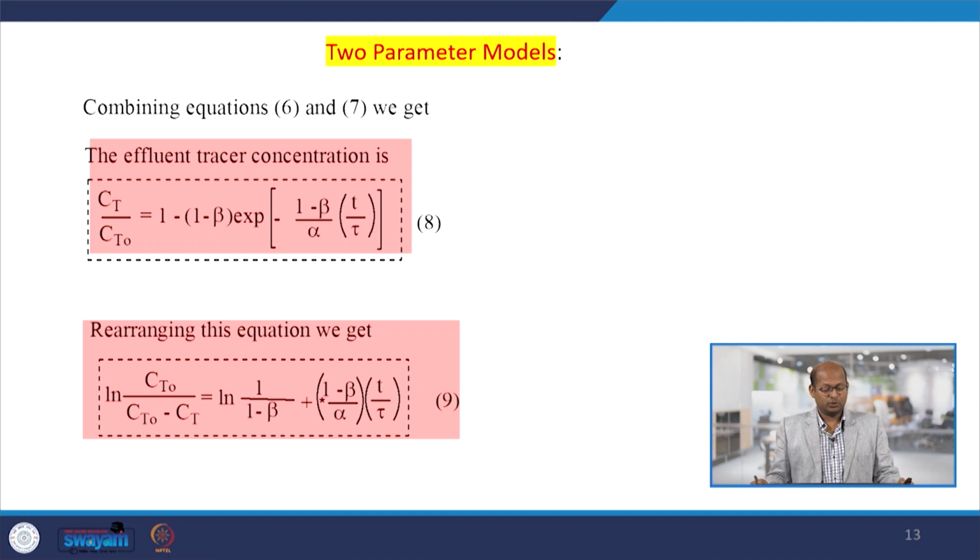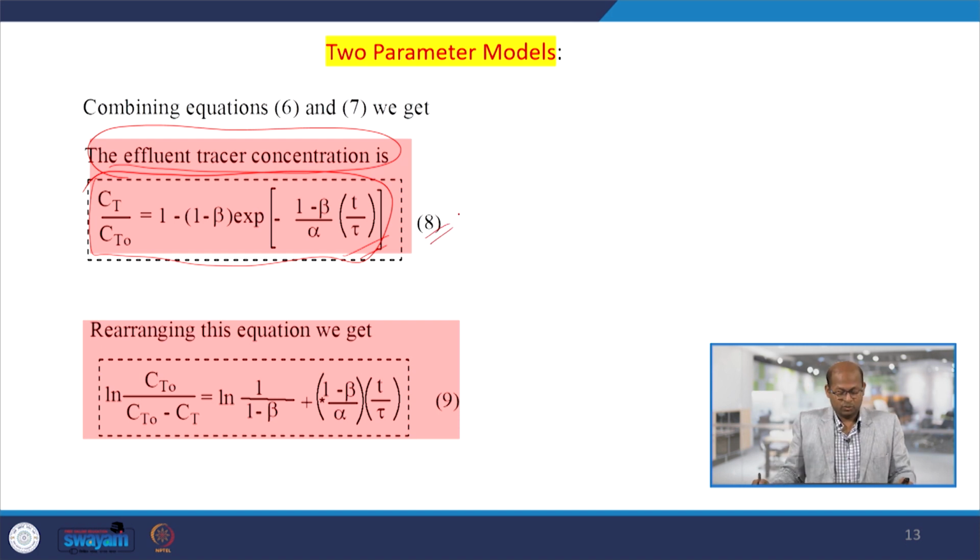Once combining equations 6 and 7, we can get the effluent concentration of the tracer, Ct by C0 equals 1 minus beta exponential minus (1 minus beta) by alpha t by tau. So, we get equation 8.